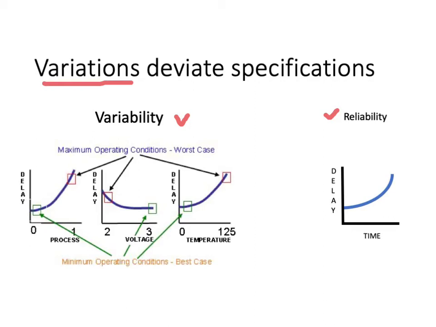So this we refer to as process variations. That is the variability in individual dies or within a die due to the nature of the fabrication process, and this variability causes our integrated circuits, our logic gates, to have different kinds of delay.